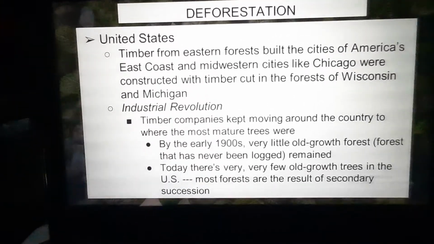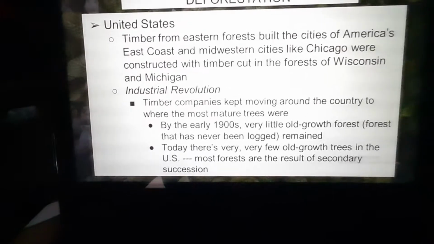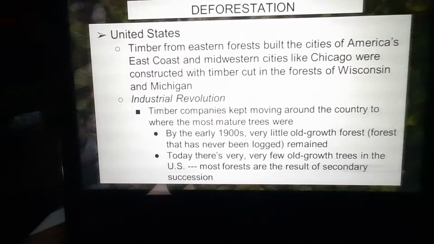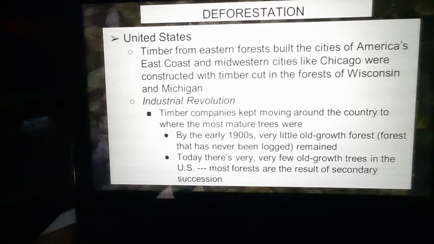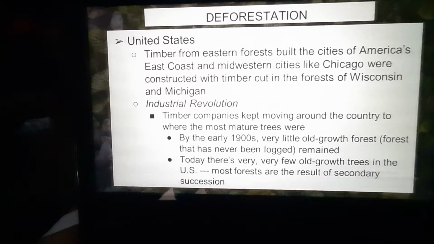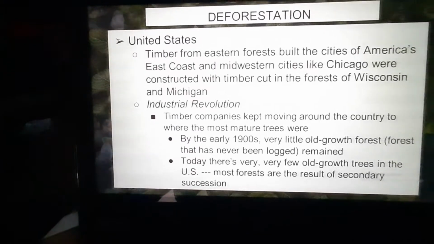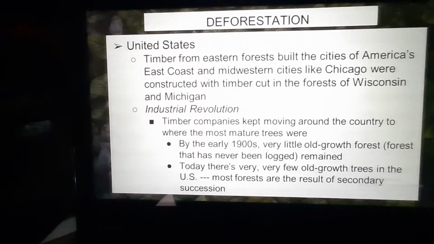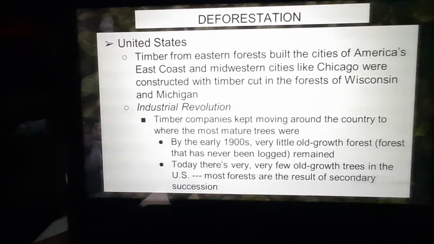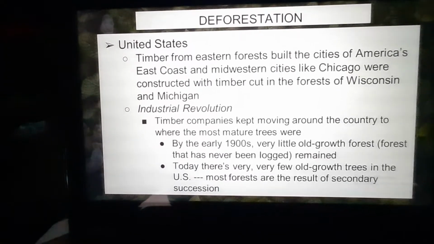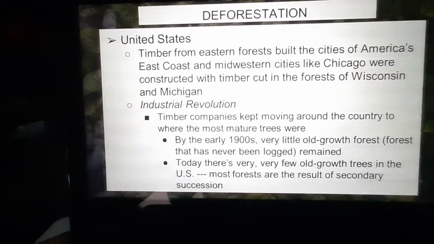So the wood had to come from somewhere, and it actually cleared off a wide swath of an area, one, for people to use the land to build houses on, but also, two, to harvest the timber it would take to build not only homes, but businesses and some infrastructure. So a lot of trees were cut down for that.